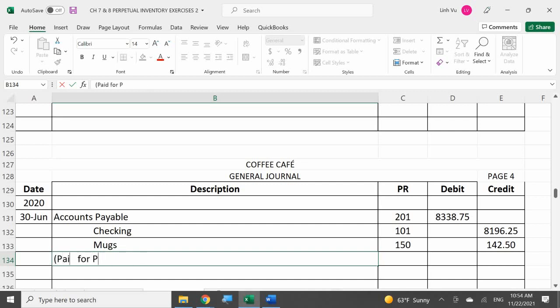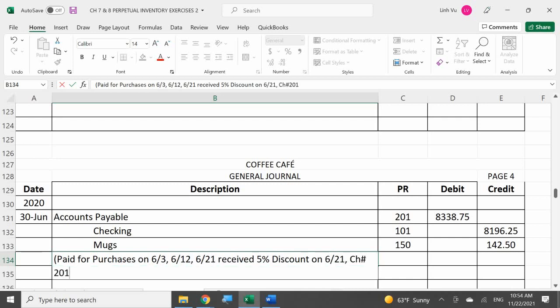Paid for purchases on 6/3, 6/12, and then I did one on 6/21. Received 5% discount on 6/21. Check number 201, because that's the check number I wrote.